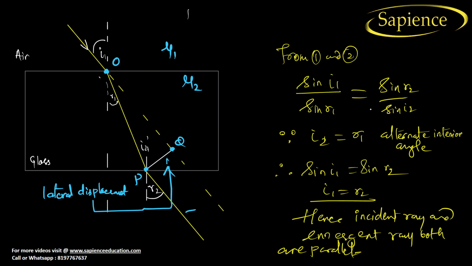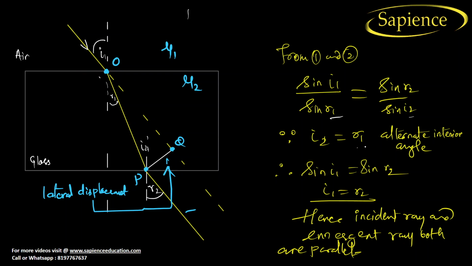From here we observe that I2 and R1 are equal angles, so they can be cancelled out.